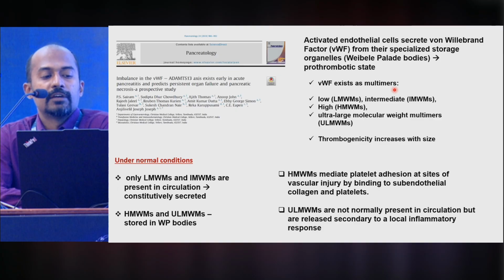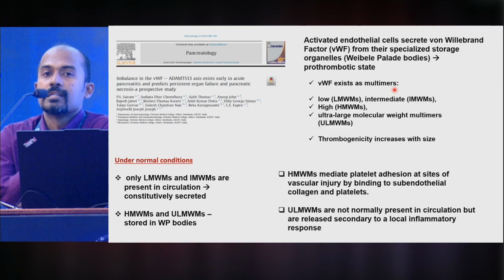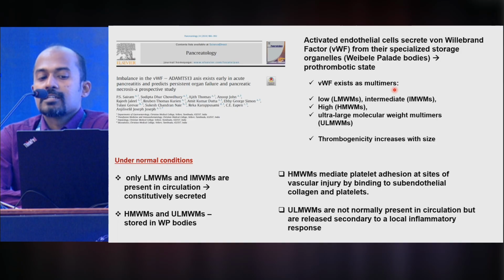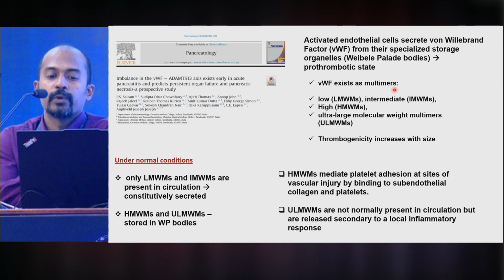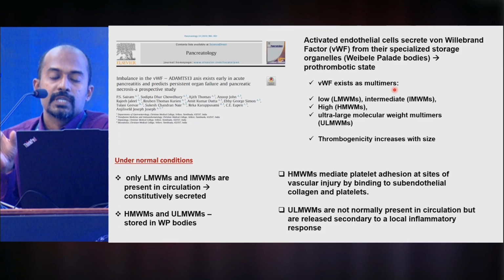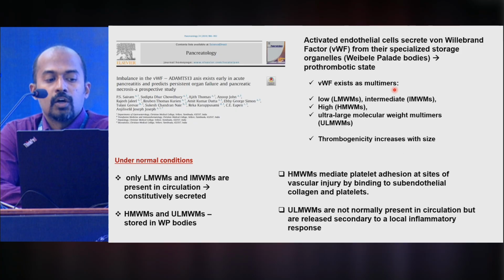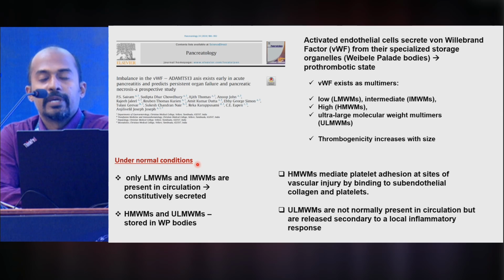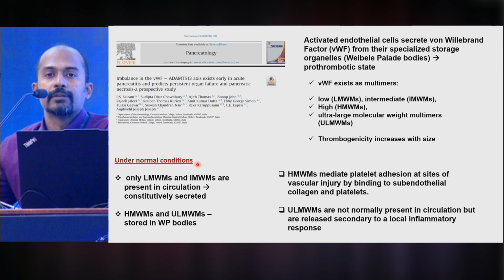Like here, they looked at the VWF-ADAMTS13 axis. In endothelial cells, von Willebrand factors are synthesized and stored, and they exist as multimers of low, intermediate, high, and ultra-large molecular weight. Now, thrombogenicity increases with size. Under normal conditions, the low and intermediate molecular weight forms are present in the circulation and are constantly secreted.